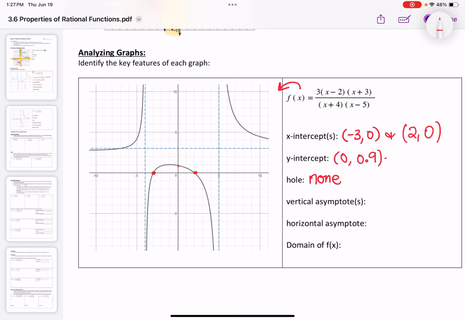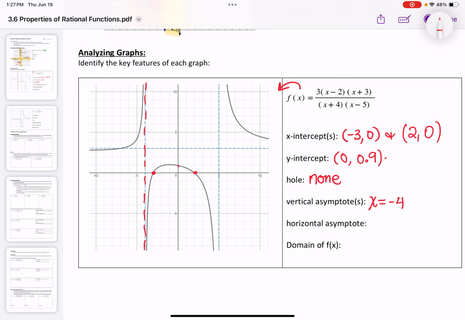There are two vertical asymptotes that show up. There's a vertical asymptote here at -4. And when we write the equation of a vertical asymptote, we actually need the equation part, which is going to make that x equals -4. Without the x equals, it's not an equation, and we don't know if that's technically representing a vertical or a horizontal asymptote.